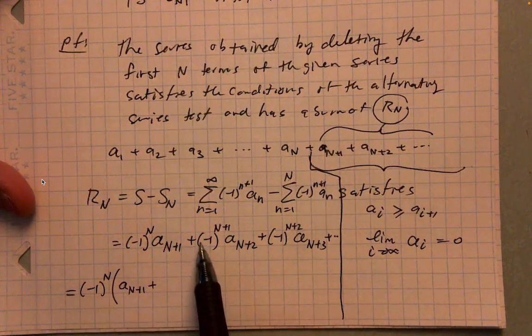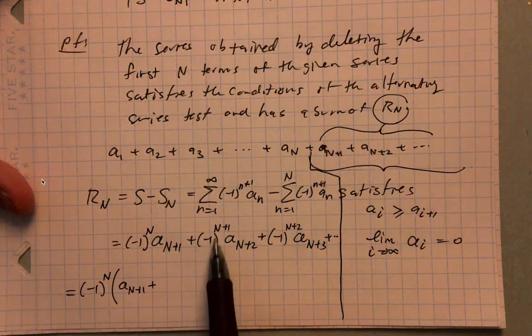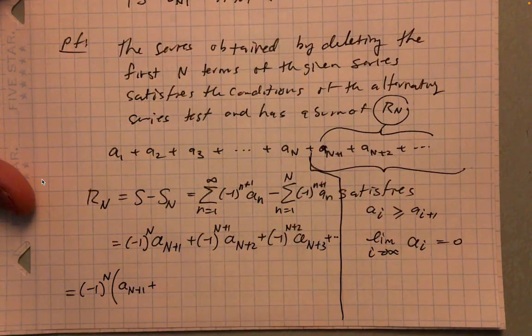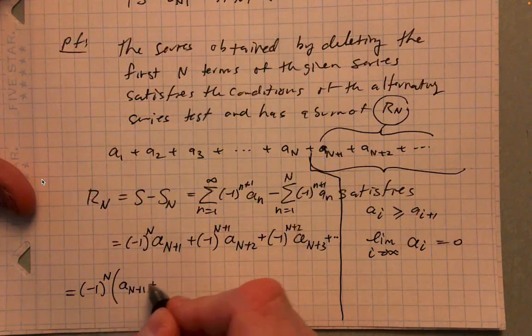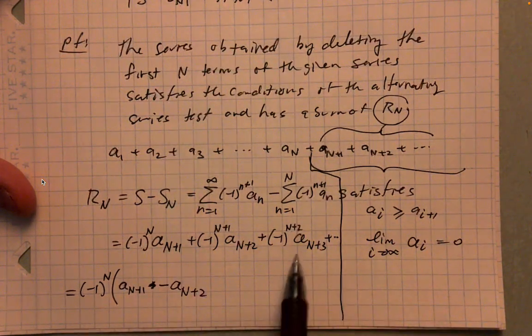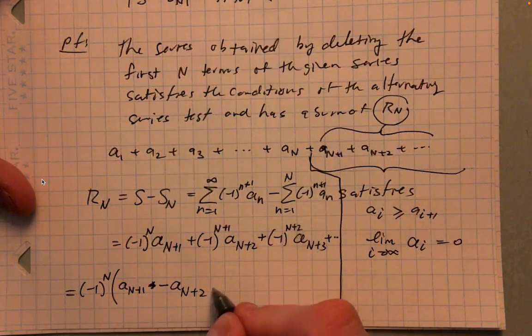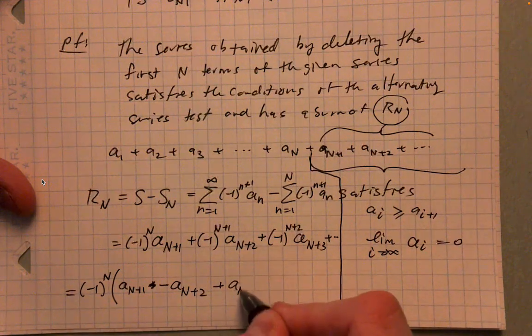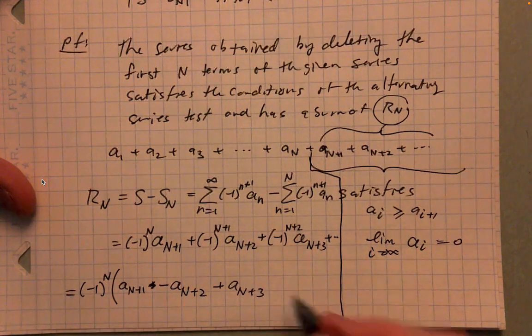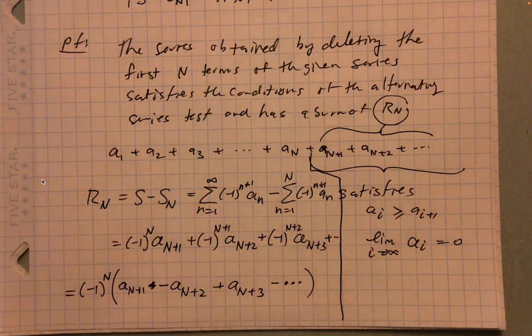Now this one, what am I left with? I would be left with negative 1 to the first power, which is a negative, so that would be minus a to the n plus 2. And then over here, I'd be left with negative 1 to the second power, and so that would be plus a to the n plus 3. And so on, minus, and then dot, dot, dot. The whole thing is an infinite series here.